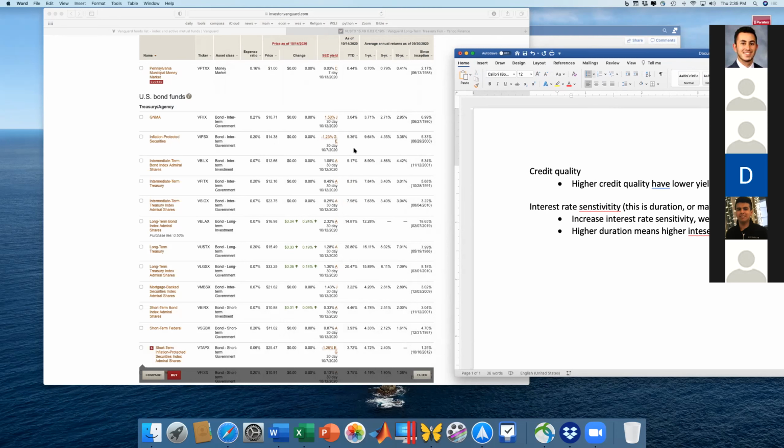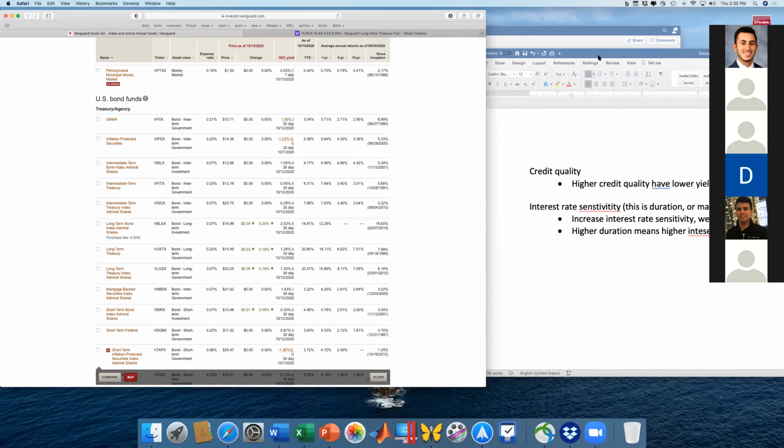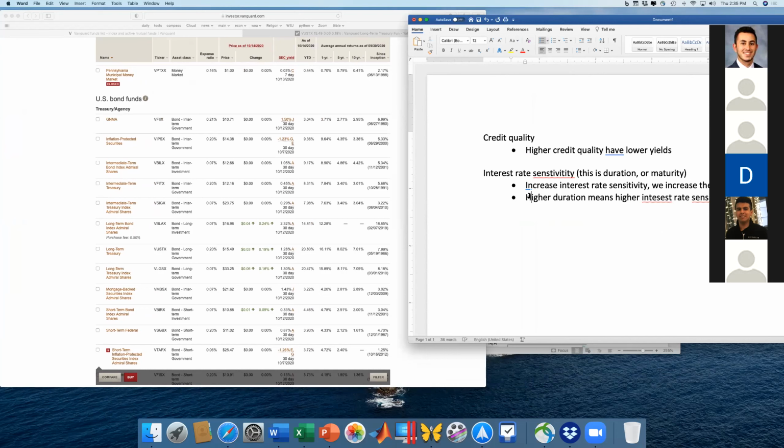There is a difference. Returns are what actually happened. Yields are the projection moving forward. Let me look at these returns, and I want to pick three of those. I'm going to pick intermediate term treasury.